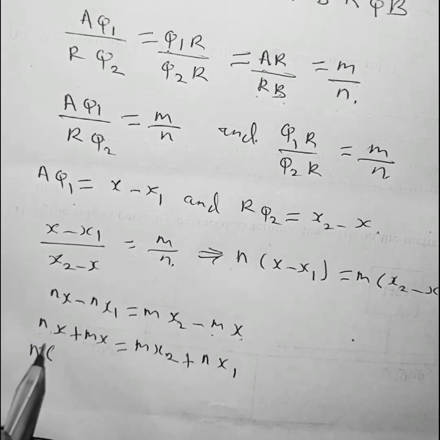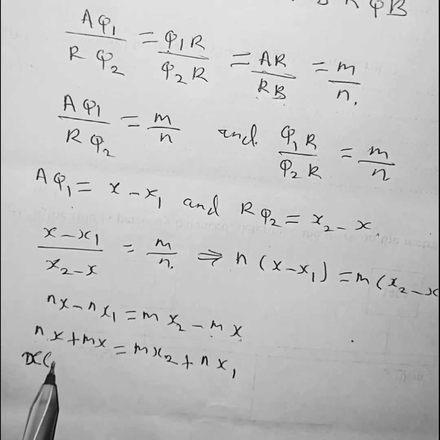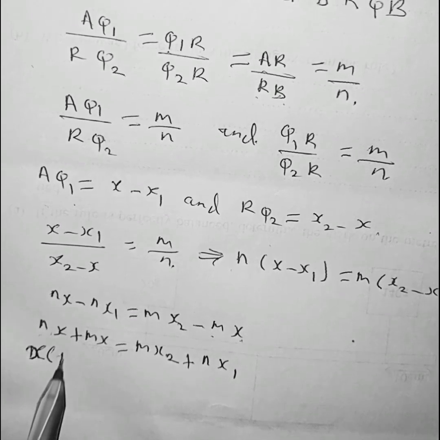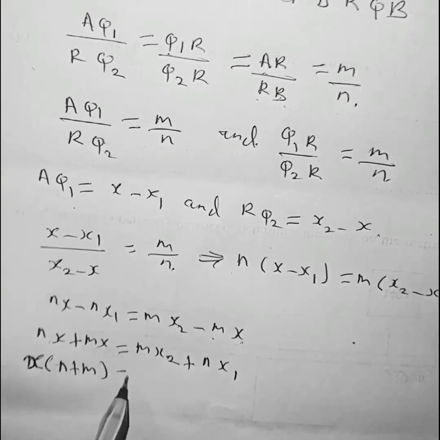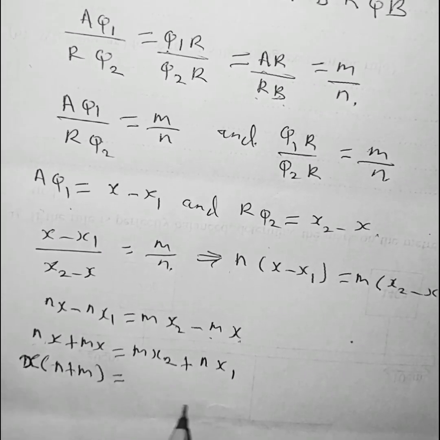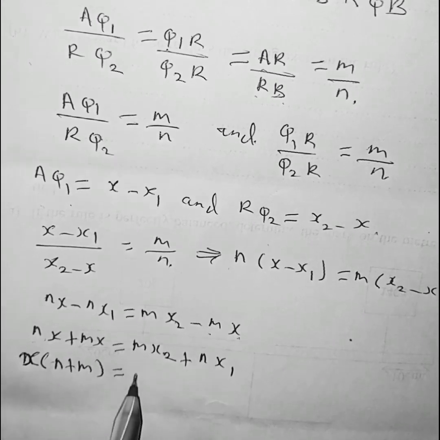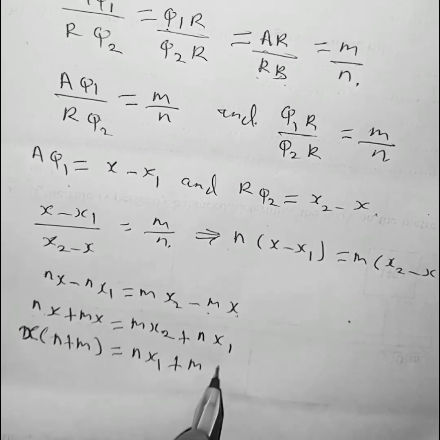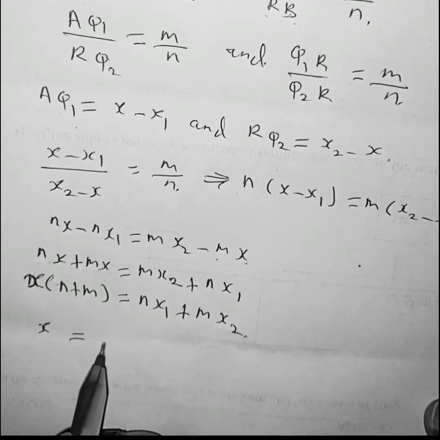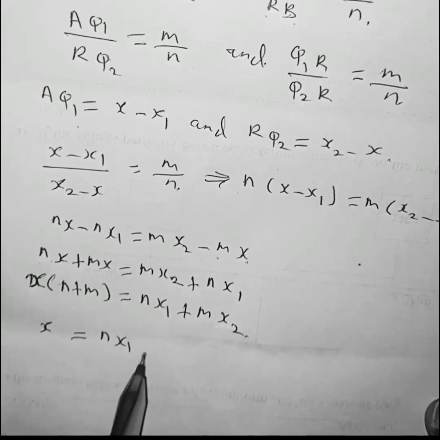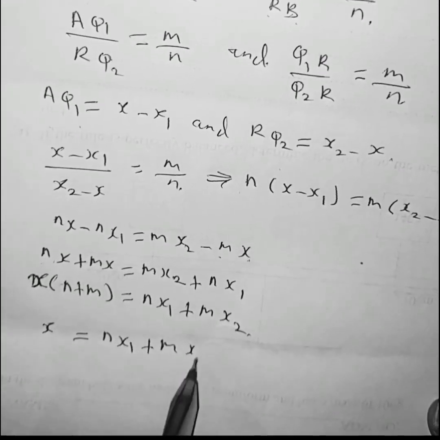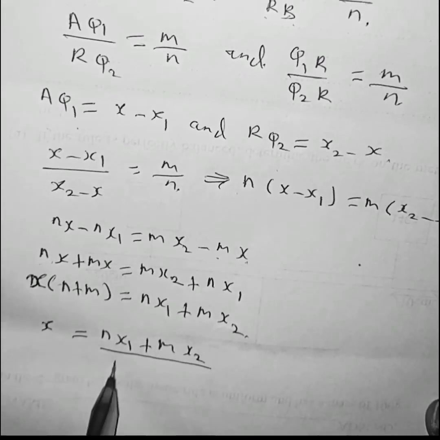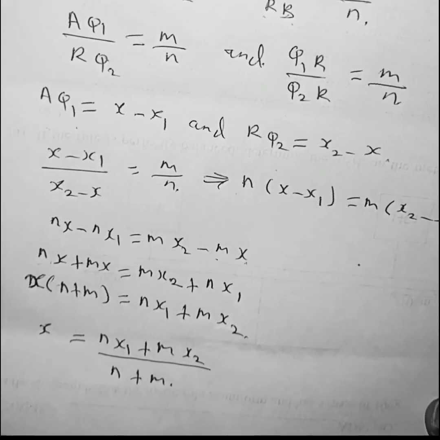We factorize x, which is common, so that we shall be left with (n plus m) x, which is equal to nx1 plus mx2. That's x equals (nx1 plus mx2) divided by (n plus m).